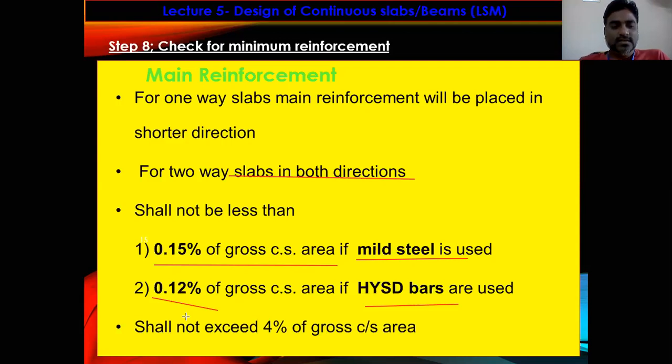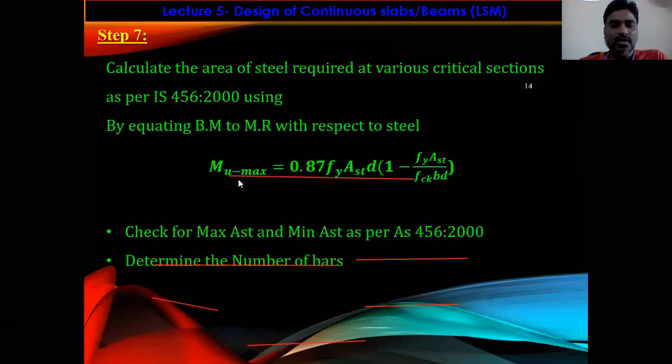And for maximum reinforcement, the main reinforcement should not exceed 4% of gross cross-section, right? So it should not be greater than this one and should not be less than this one. Whatever reinforcement you have calculated here, you need to check for minimum and maximum.